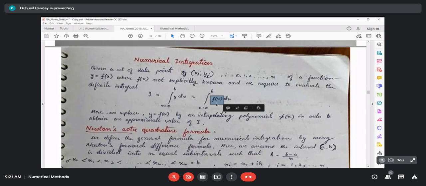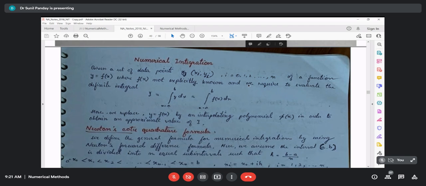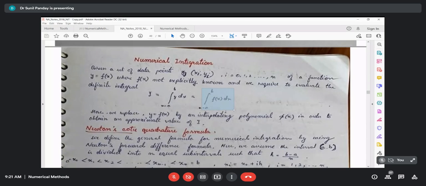One problem is that you don't know f(x) explicitly, but you know that at x1, f(x1) is this one, at x2, f(x2) is this one. Like this you have n plus 1 data point sets. So if you have n plus 1 data point sets, then how do you calculate the integration of f(x) dx from a to b?